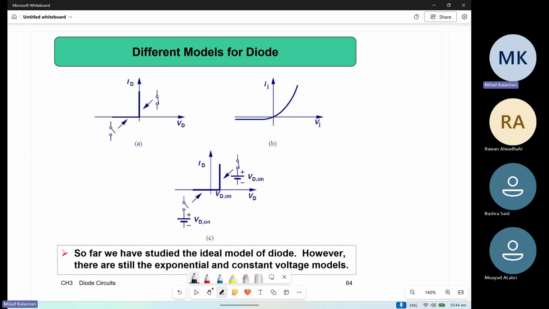So here is showing what kind of different models we can use for the diode. Initially we are assuming the very ideal short-open model. If we want to be a bit more accurate, in fact, the real behavior is this exponential model. Because this exponential model is not turning on very sharply, it starts turning on from a certain region, we can define some threshold or VD on for the diode if we want to be more accurate.